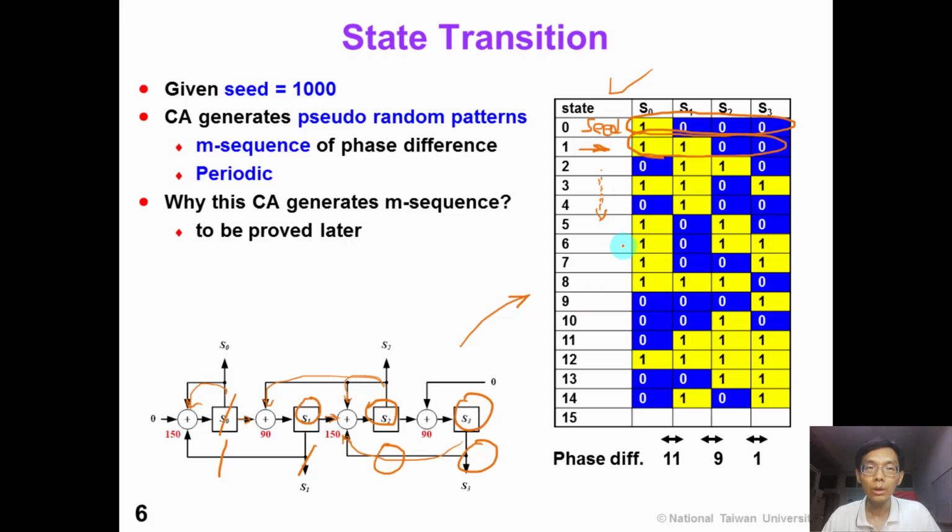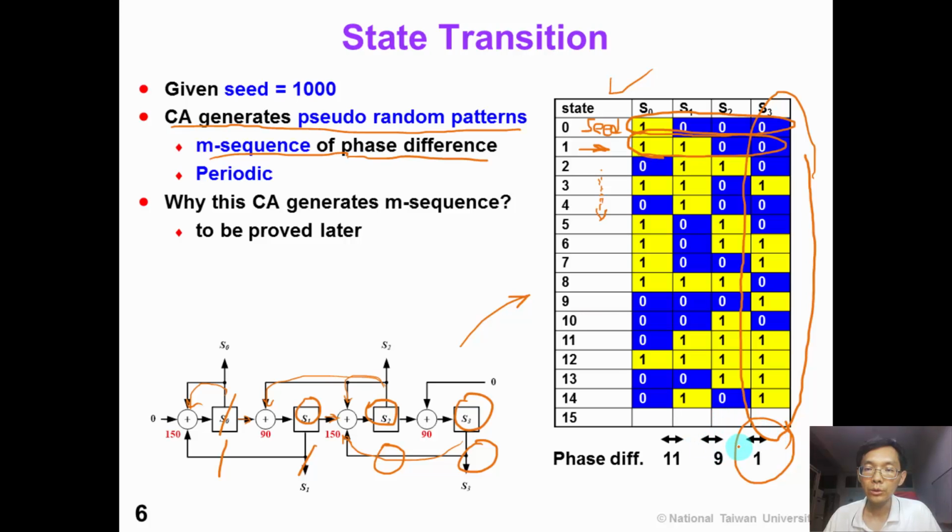From this table, we can see that cellular automata also generates pseudo-random patterns. If you notice, this sequence is an M sequence. Each output of this cellular automata is the same M sequence, but they are phase shifted. For example, S2 and S3 are different by one cycle.